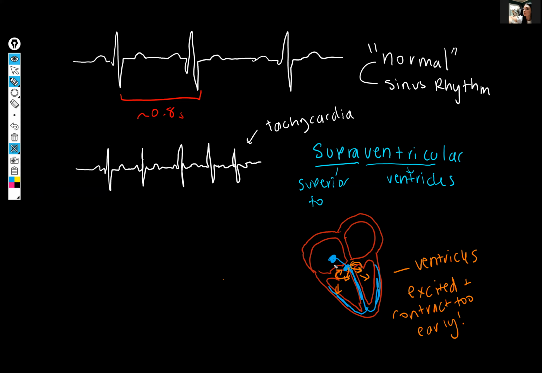So if I have an SA node that's functioning normally, but a supraventricular tachycardia that is a re-entrant rhythm that keeps reactivating the ventricles, I might see something like this, where we have P, QRST, and then another QRS fluctuation, then another QRS fluctuation before I get another T wave. And then we have QRS, QRS, QRS, T.